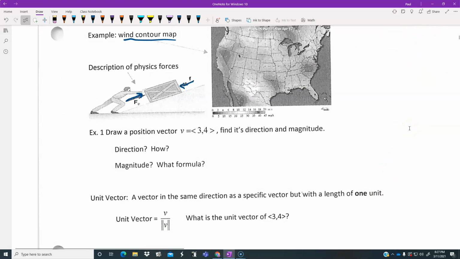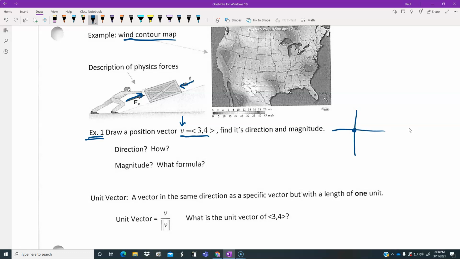Now, in example number 1 here, how do you actually go about drawing a vector in its position? So they're saying, I've got this vector v, and I want you to draw it with its terminal side, or its ending side, at 3 and 4. So you can think of it like it's a coordinate, but the vector is being drawn from standard position.